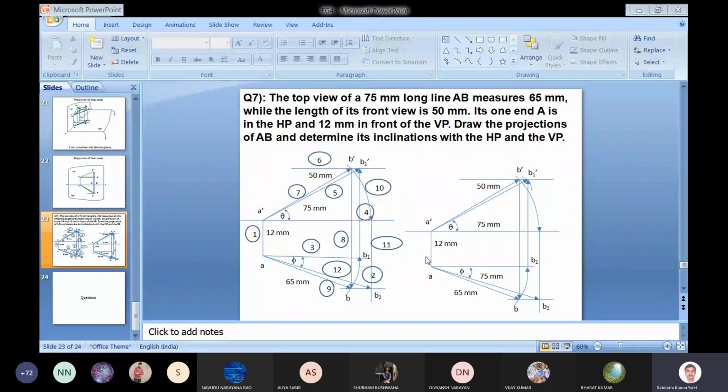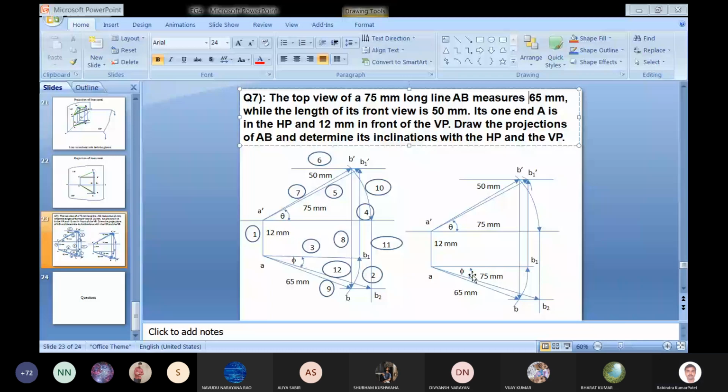And as it is told that the top view of the line is 65 millimeters, what we will do, we will take an arc of 65 millimeters and rotate it like this, and we can draw a horizontal line, or we can say a line parallel to the reference line, and where the reference line and the arc intersect, we will get a point.